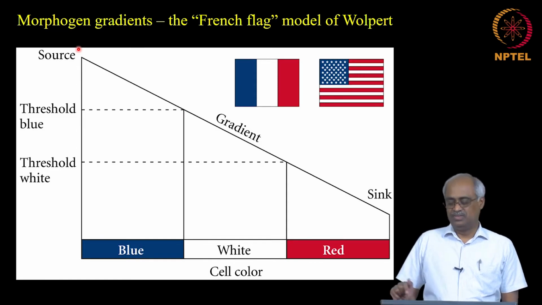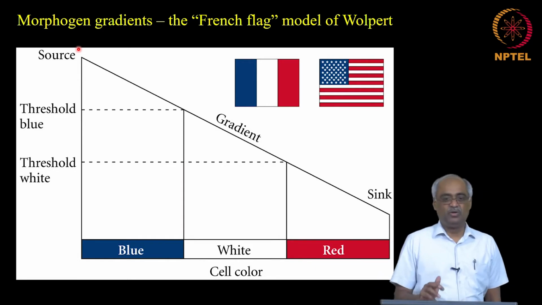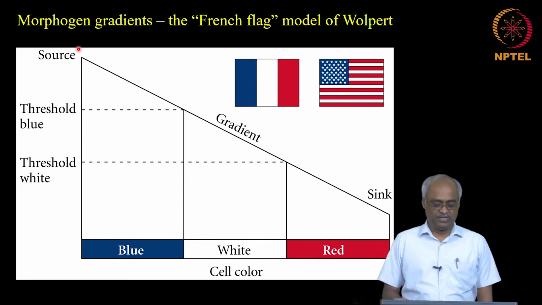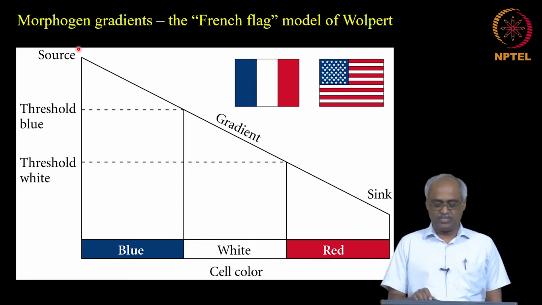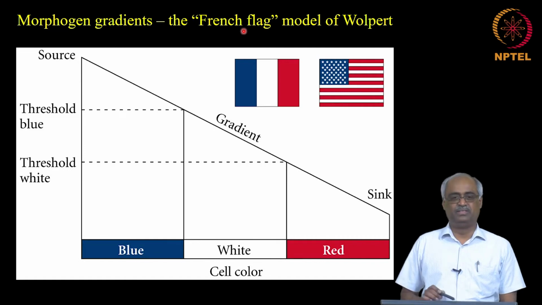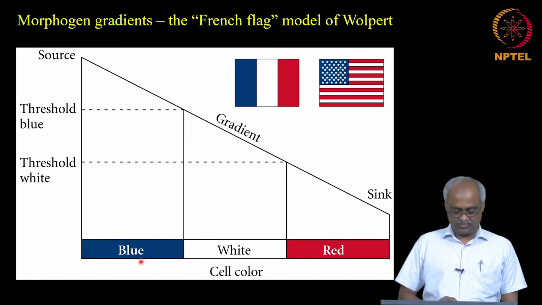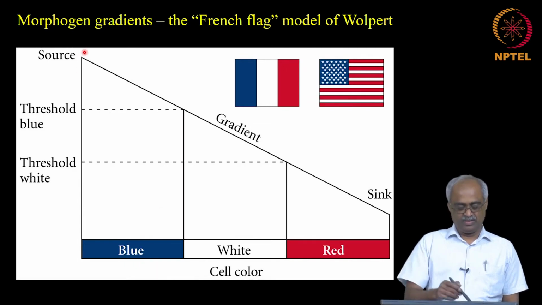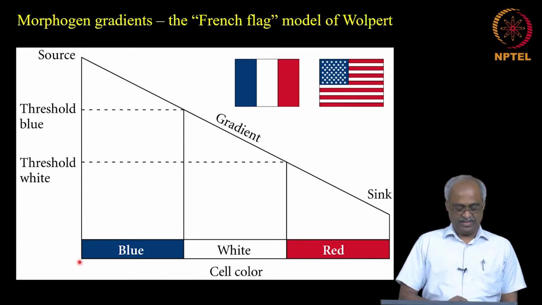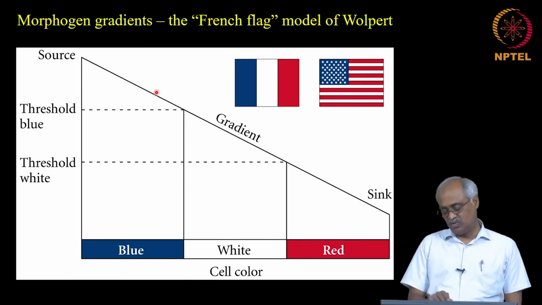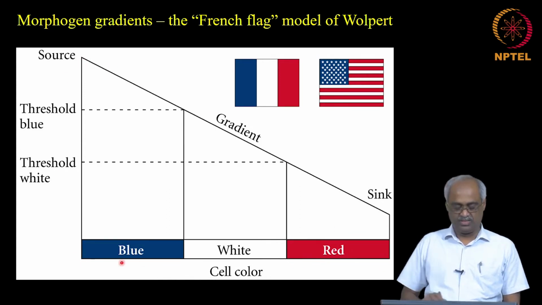So how the gradient matters, how concentration matters, that is what we are going to learn today, and this French flag model of Wolpert tries to explain it. Here you assume the concentration of a given morphogen is highest near this area, and then it slowly goes down as you move away on the x axis from the origin.